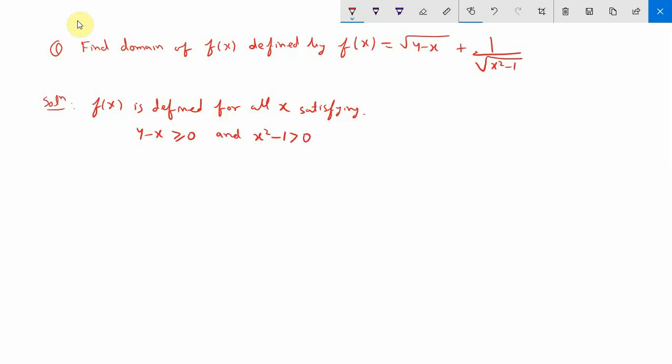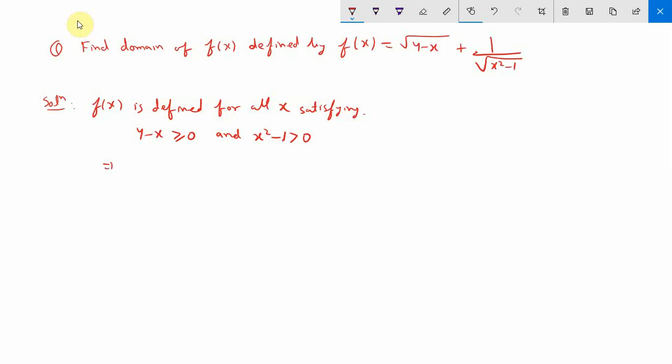For x² − 1, it should not be equal to 0, as it is in the denominator, then it will become 0 when x = 1. So here equality does not hold.